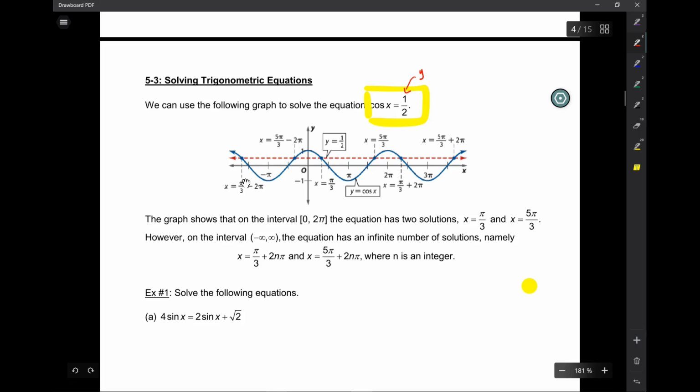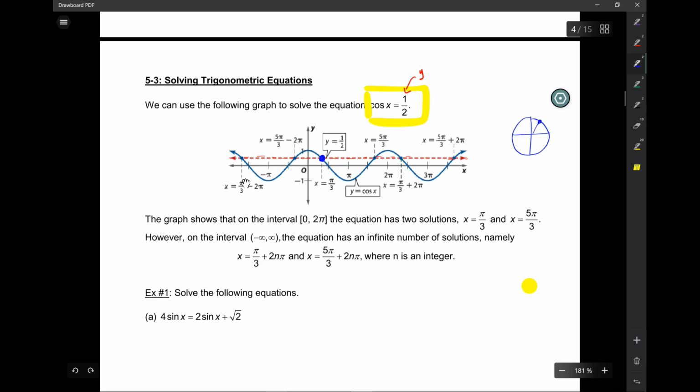So if I have my graph over the entire domain of cosine, and I draw a horizontal line at y equals 1/2, all the points where the two cross are my solutions, right? So I have one solution at x equals pi over 3. Is that right? Because cosine of pi over 3 is 1/2.